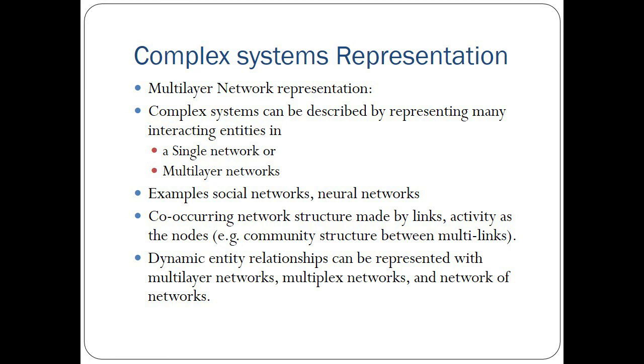Then next, co-occurring network structure. What do you say about co-occurring network structure? There are some patterns or motifs or associations that keep on reoccurring, means occurring at one place of a graph, then at a second place, then at a third place. Then you say it is a co-occurring network structure, made with the help of links, and activities are represented with nodes.